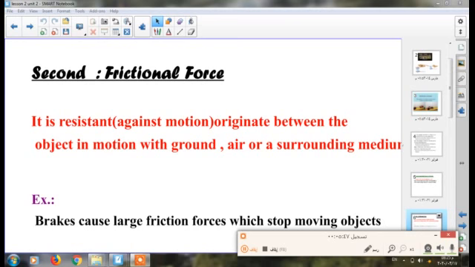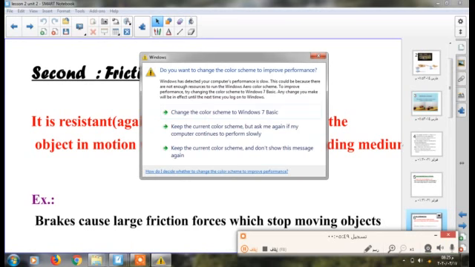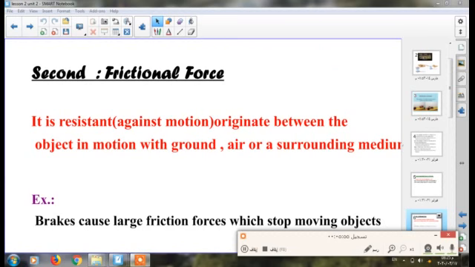Okay, what is the relation between the friction force and the speed? By increasing the friction force of the car, the speed of the car decreases. By decreasing the friction force, the speed increases.